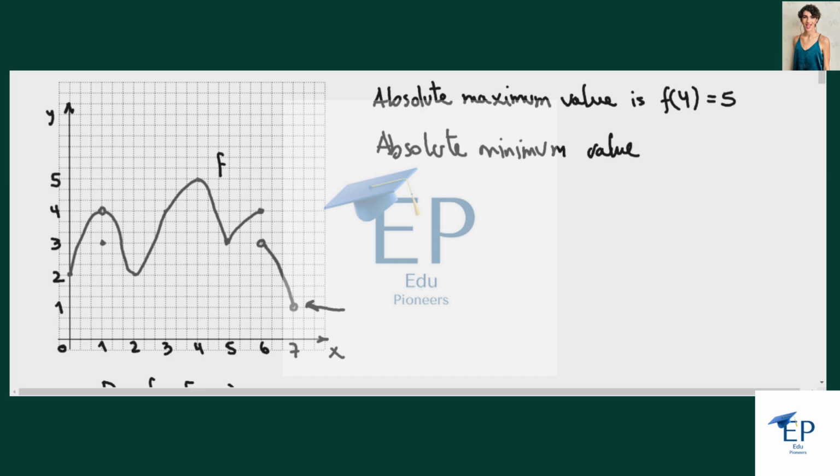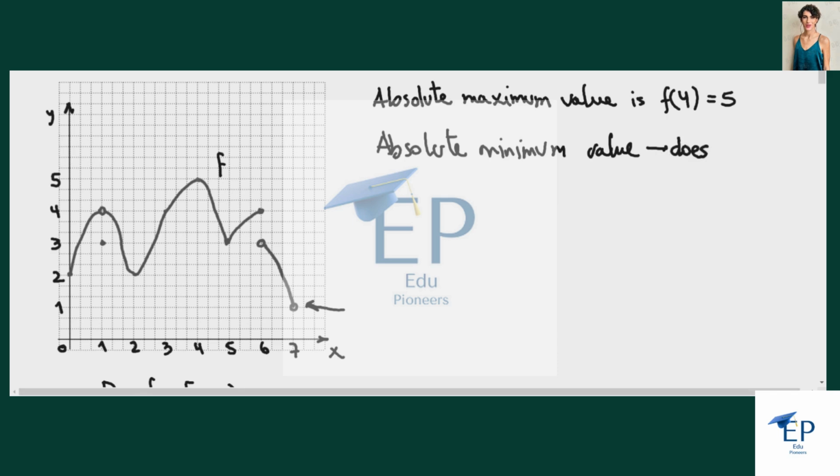But the problem here is that the point here is not included. 7 is not in the domain, so we can say that the function decreases all the time, getting near 7, but never reaches an image at that point. And for that reason, there is no absolute minimum value for this function.